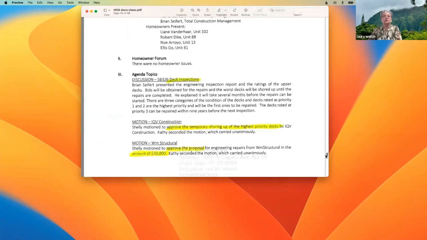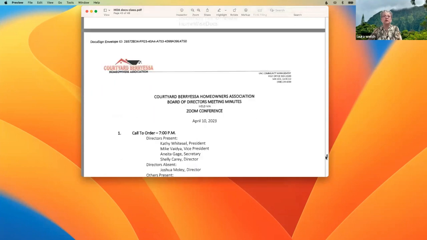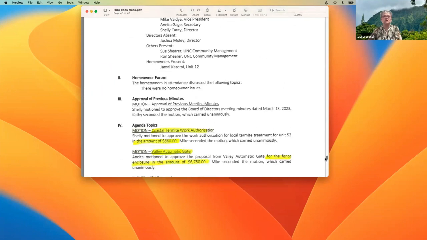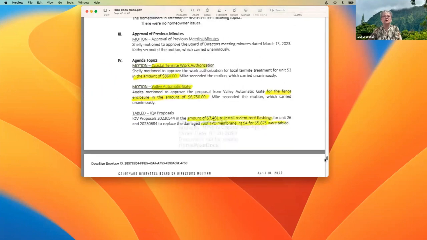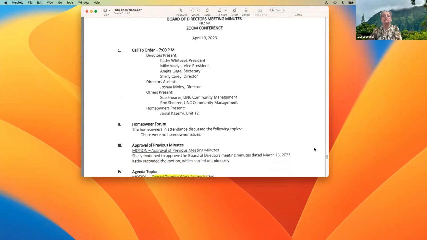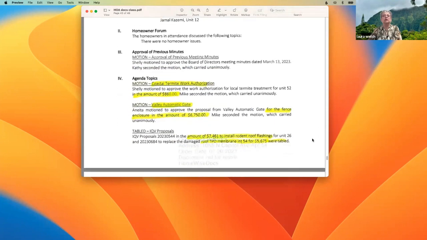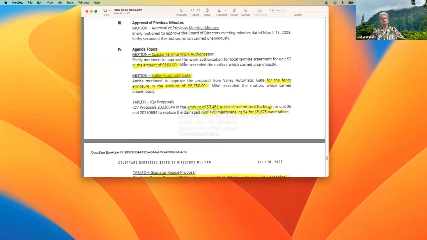Okay, I want to point out some other things that I saw in here. Here it is. And this is HOA minutes. Termite work. Here we go. Oh, that's not bad, 860. Here's something else.